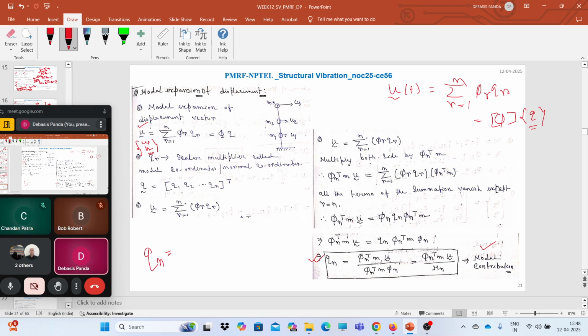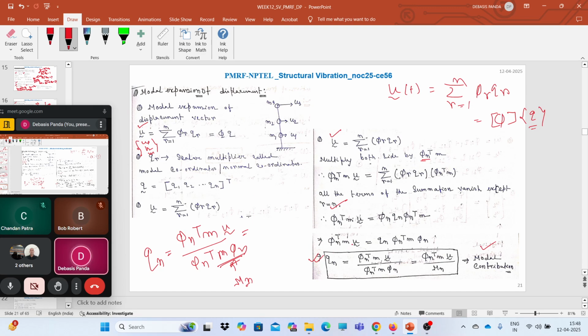We come from this equation, starting with u equals the summation over r equals 1 to n of phi r q r. Then we multiply both sides by phi n transpose M and simplify, and find that q n is phi n transpose M u divided by phi n transpose M phi n, and this phi n transpose M phi n is nothing but the normalized mass matrix. You need to recall this formula.